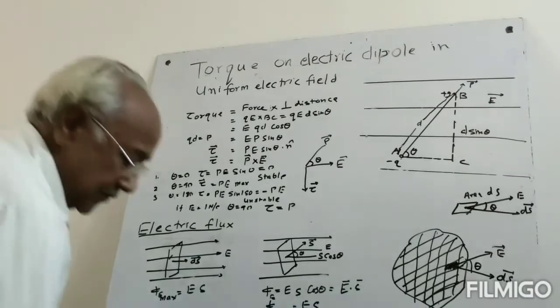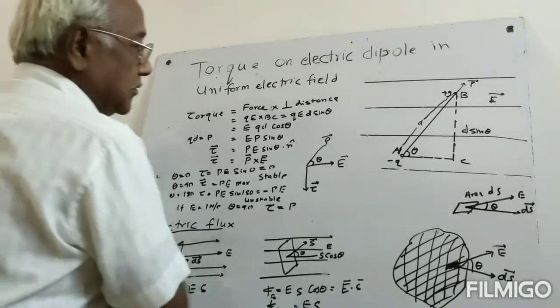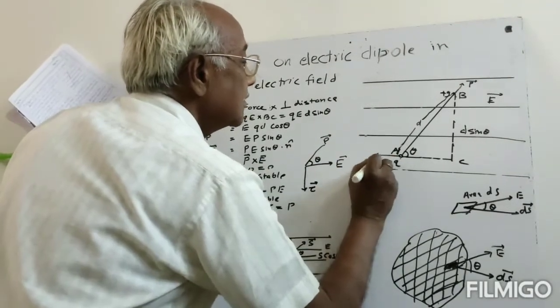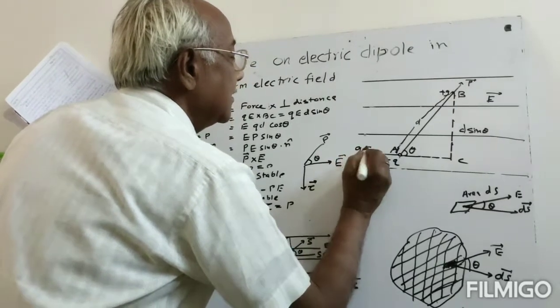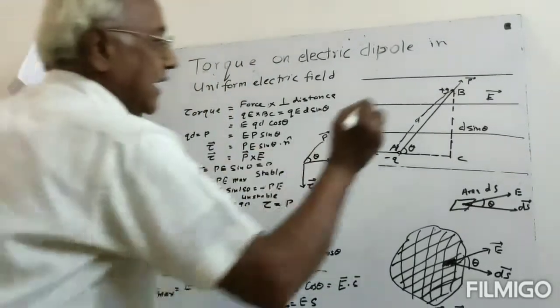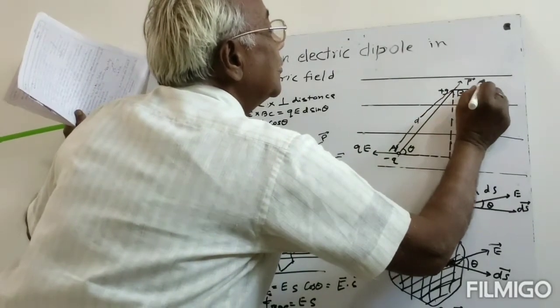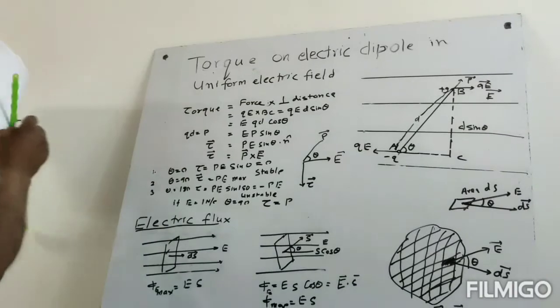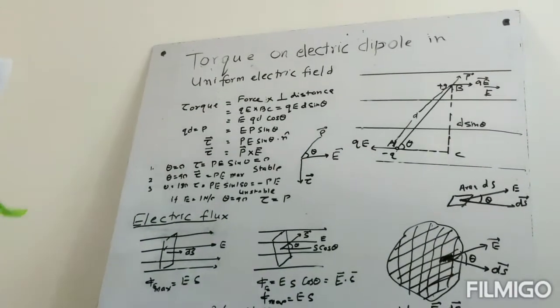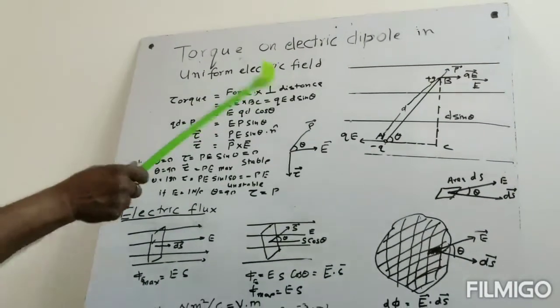point A will be equal to Q into E towards left, and at B Q into E towards right. So these two forces are equal in amount, but they are opposite in direction.